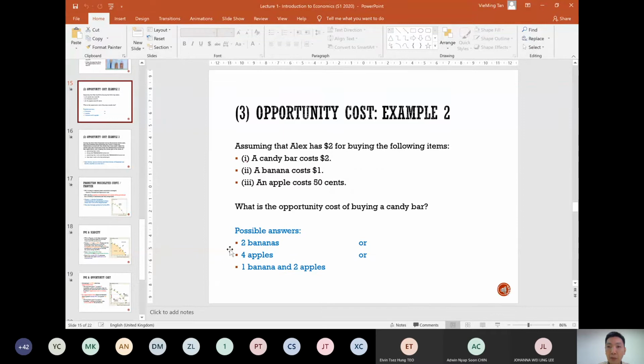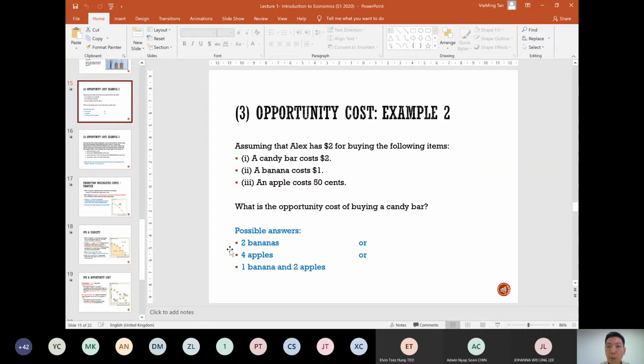Assuming that Alex has only $2 for buying the following items, there are a few options for him to choose. It can be a candy bar costing $2, or a banana costing $1, or an apple costing 50 cents. So if Alex chooses to buy the candy bar, that means he fully utilizes $2 to buy the candy bar.